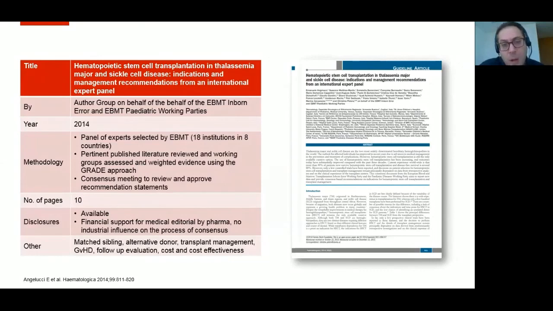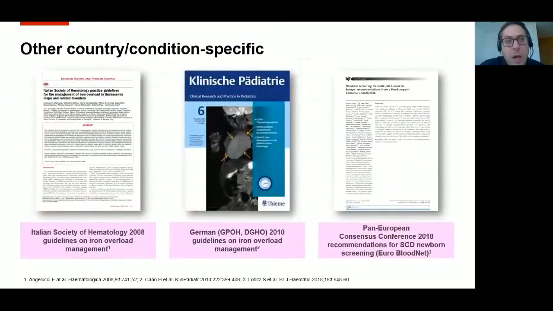It was conducted by an author group, and consensus meetings were again needed to establish consensus over various aspects of it. Again, financial disclosures were available. There was some unrestricted pharma financial support for the development of this consensus, but no involvement in the actual consensus process itself.